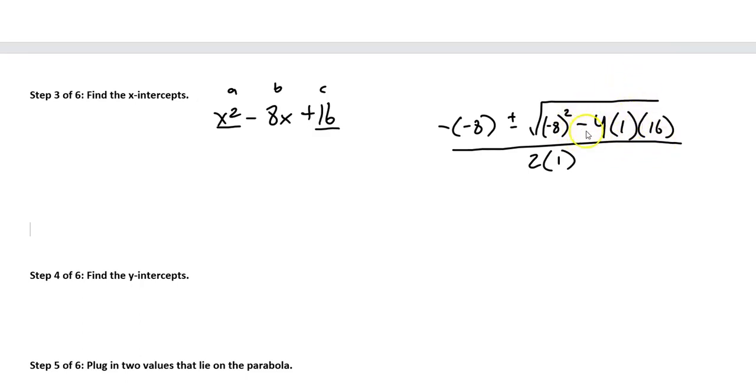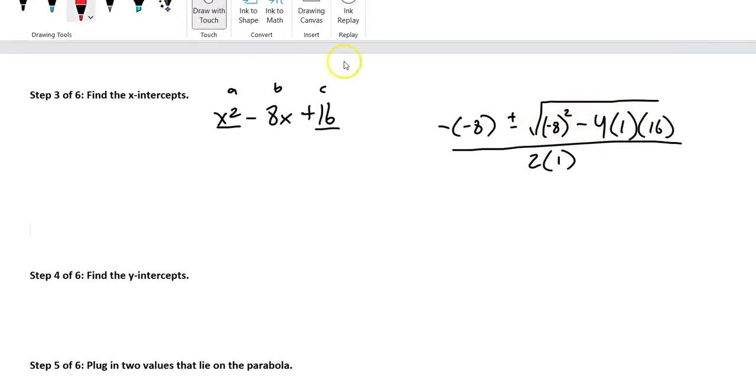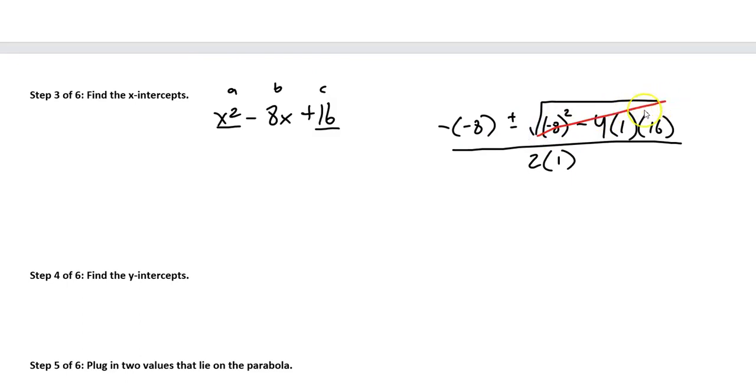Right here, underneath this square root, we're going to end up getting a 0. So this part right here is going to cancel out. Notice at that point, we're just left with our original vertex. Which means our x-intercept is going to just be 4, and then you can plug that 4 back into your equation, and you just get 0.